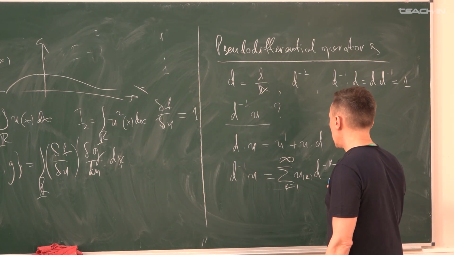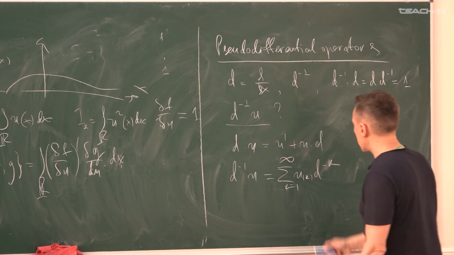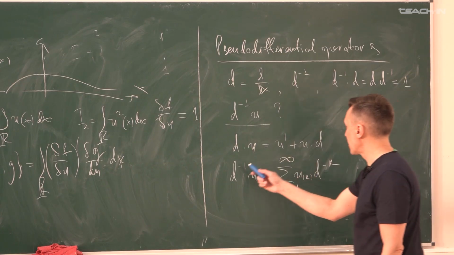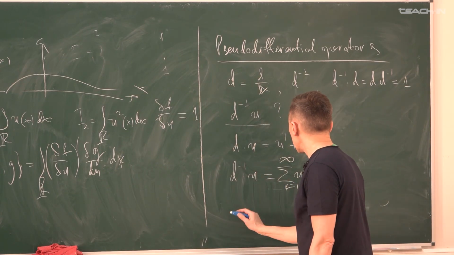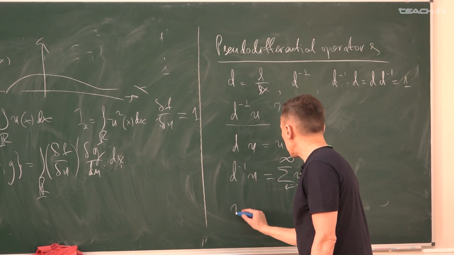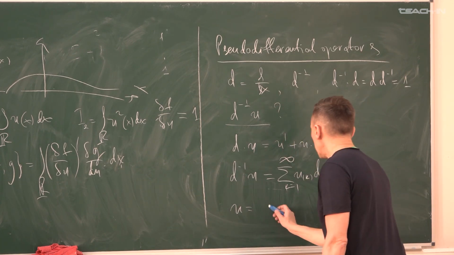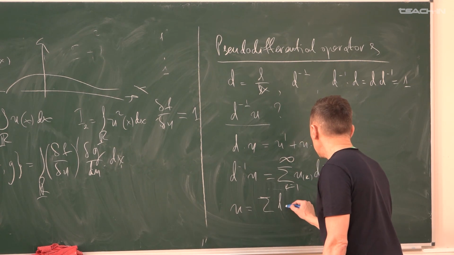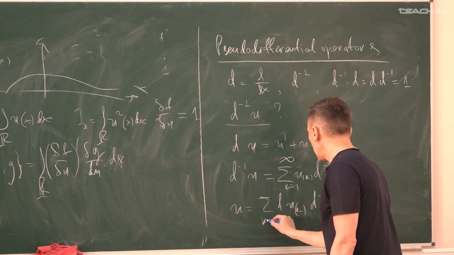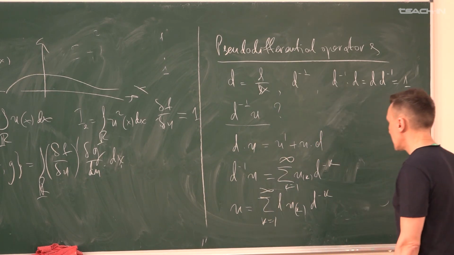And if we suppose such a form, then applying d on the left, we get that u is equal to the sum of d u k d to the minus k, k from 1 to infinity.